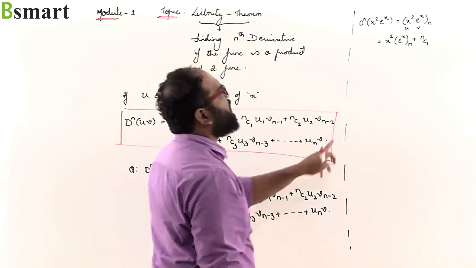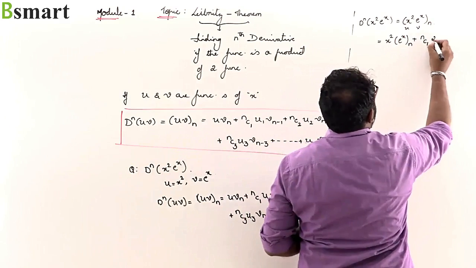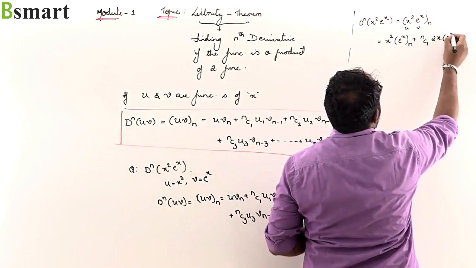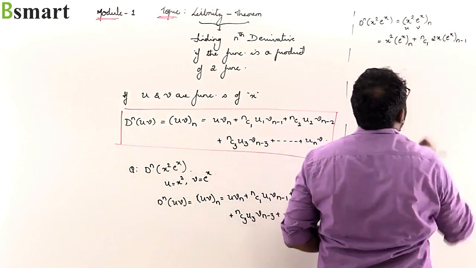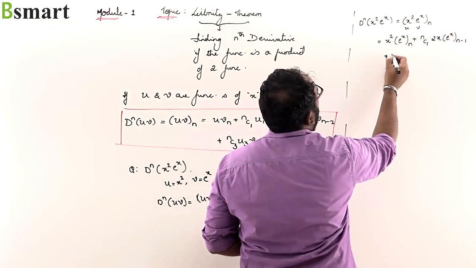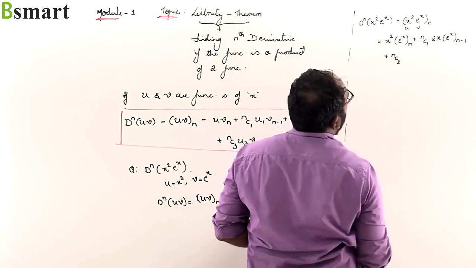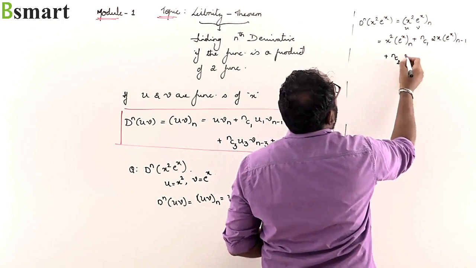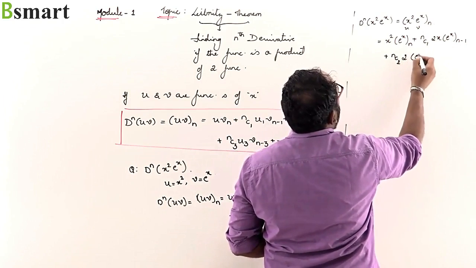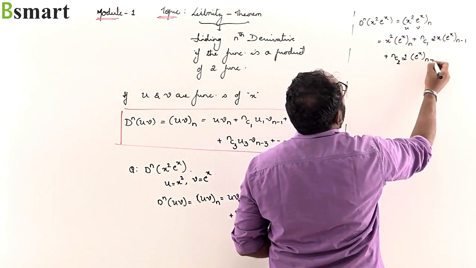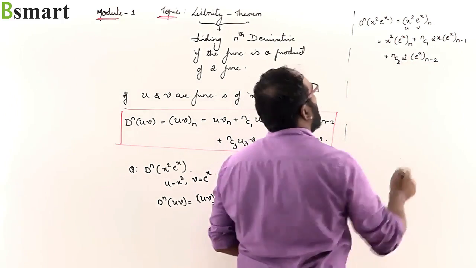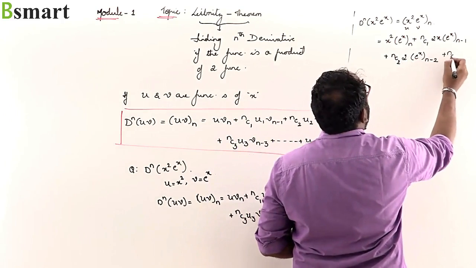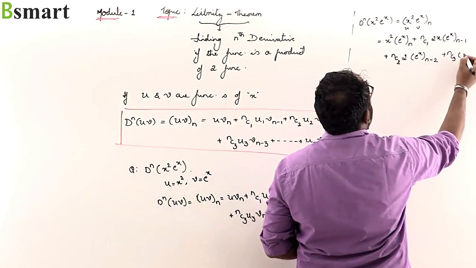The derivative of x squared is 2x, into the (n-1)th derivative of e to the power x, plus nC2 into the derivative of 2x, which is 2, into the (n-2)th derivative of e to the power x, plus nC3 into the derivative of 2, which is 0.